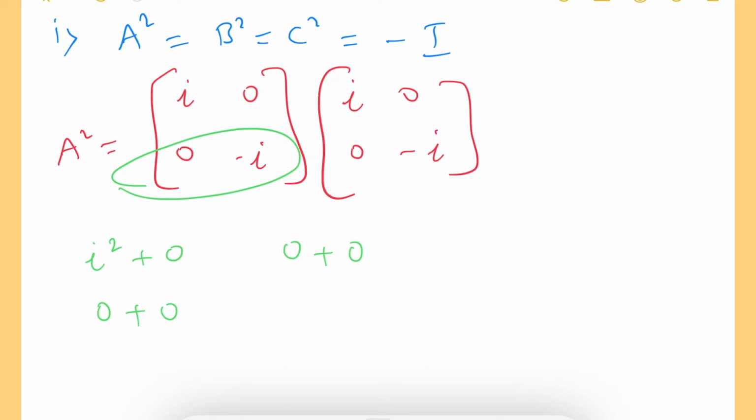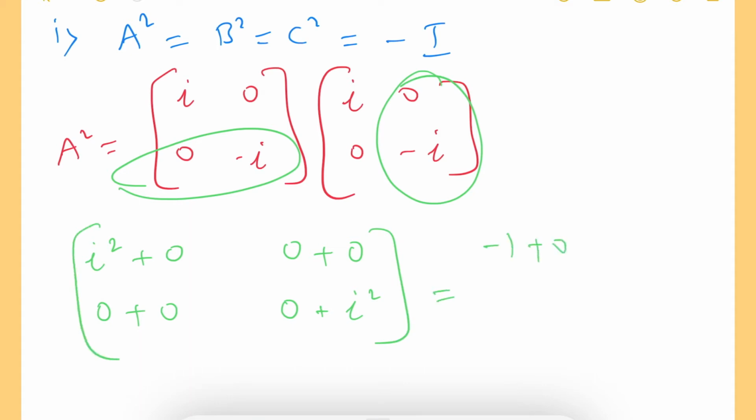Now let's move to second row second column: 0 into 0 plus minus I into minus I, which is I square. The value is minus 1 plus 0, 0 plus 0, 0 plus 0, 0 plus I square is minus 1.